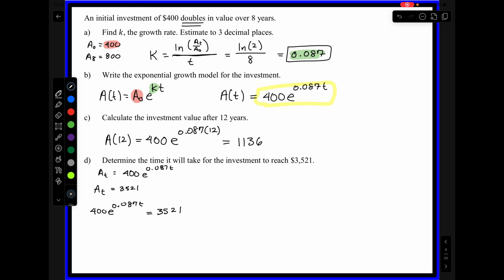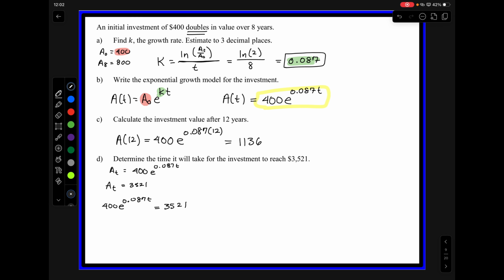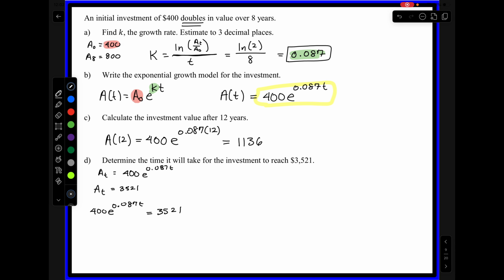Now let's go through the steps of how to solve this. To solve this, we're going to start by dividing both sides by 400. That's going to give us e to the 0.087t equals this ratio of 3521 over 400. The way to get rid of the e is to take the natural log. So I take the natural log of the left side and the natural log of the right side, and that cancels out the e and the natural log.